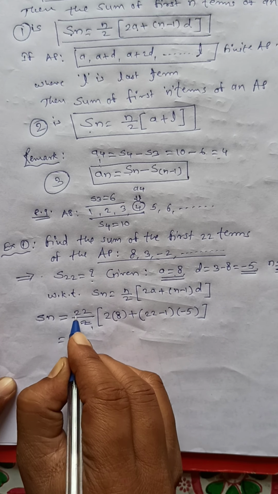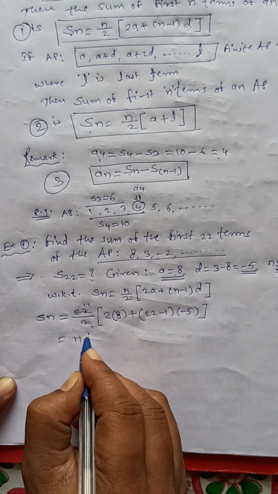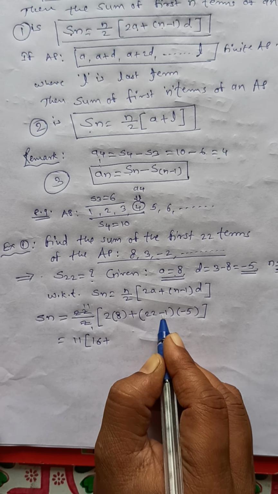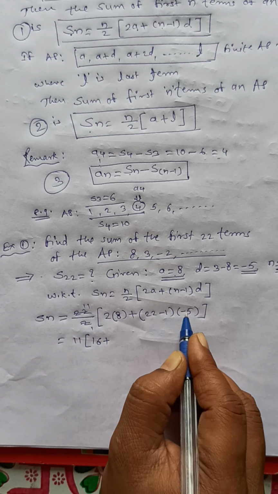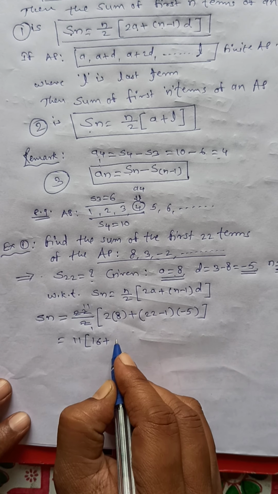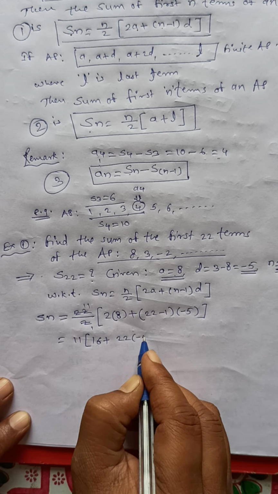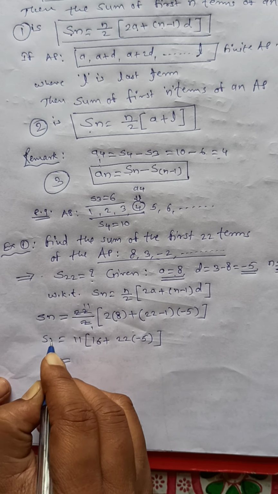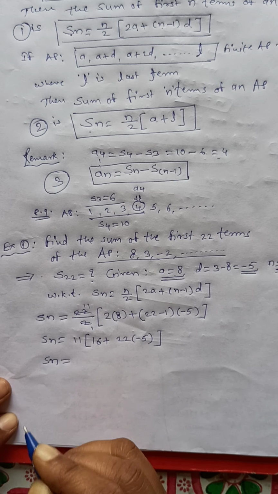So we will calculate it. 2 ones are 2, 11s are 11 into 8 twos are 16, plus 22 minus 1 is 21, 21 into minus 5. We are finding the Sn.